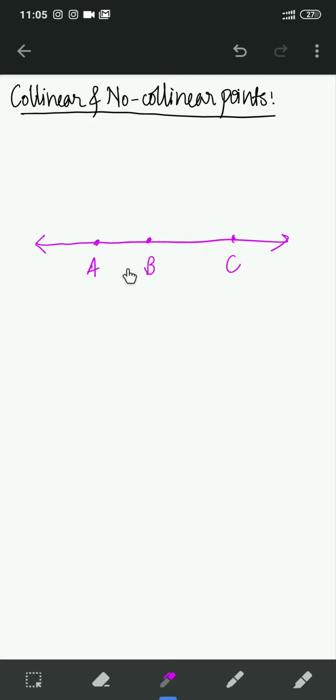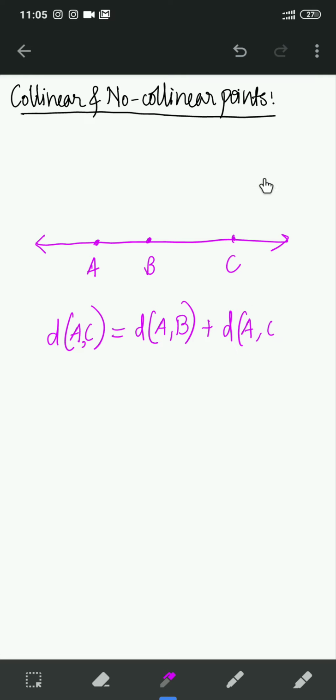Since B is in between A and C, I can say that distance AC, the distance between points A and C, is equal to the distance between points A and B plus the distance between points B and C. Now this is true only for collinear points. Whatever we are discussing right now is for collinear points.